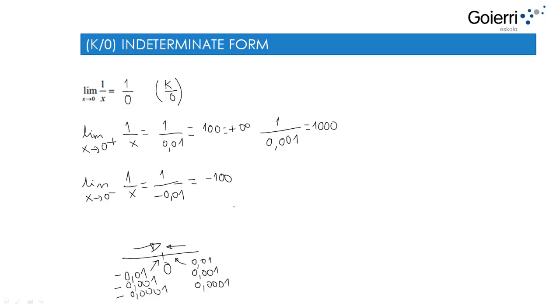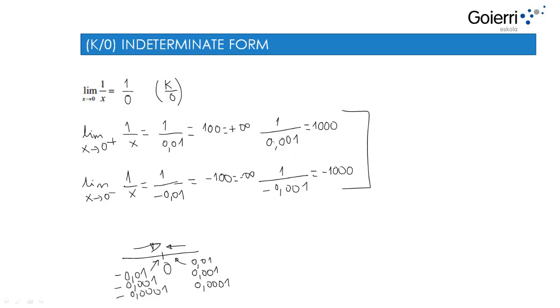What happens if we plug the second value into our function? This is negative 1000. So you can see that these values are getting closer to negative infinity.